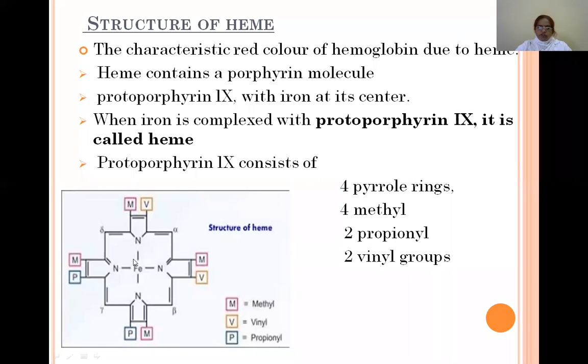Protoporphyrin 9 consists of 4 pyrrole rings, 4 methyl groups, 2 propionyl groups, and 2 vinyl groups.